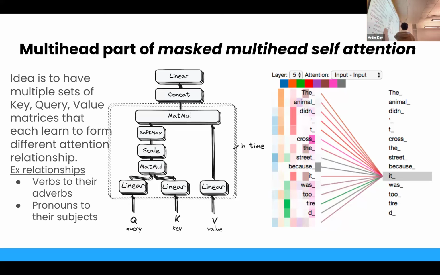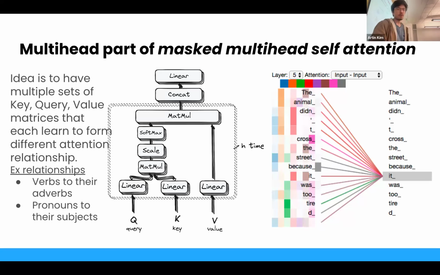The main idea is, remember that relationship thing I was talking about, where it had this relationship with, like, this is the orange one I was showing, the animal. You don't want the model to just learn one kind of relationship between words. You want it to learn a bunch of different kinds of relationships that words can have with each other.